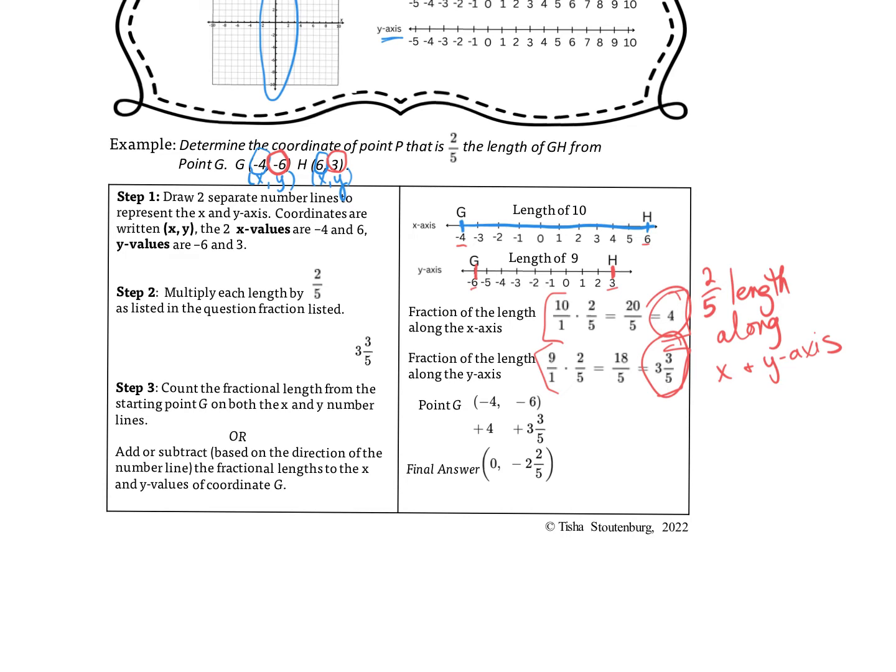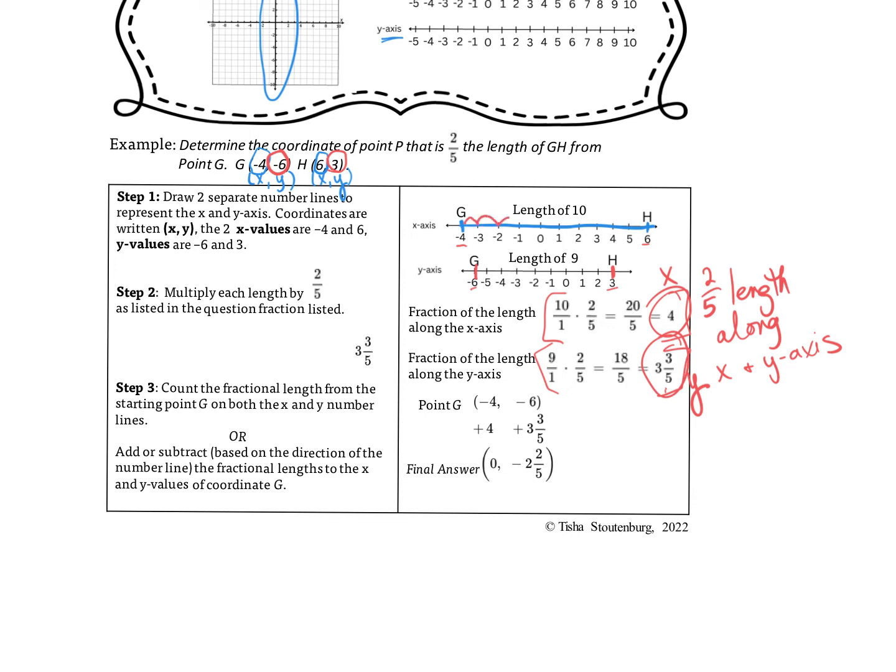We can either count right along the number line, and we're starting at G. So 4 is the number of units along the x-axis. The 3 and 3/5 is the number of units on the y-axis, both starting from point G.